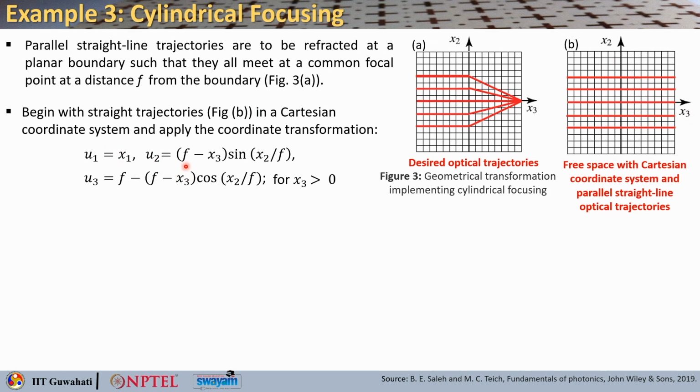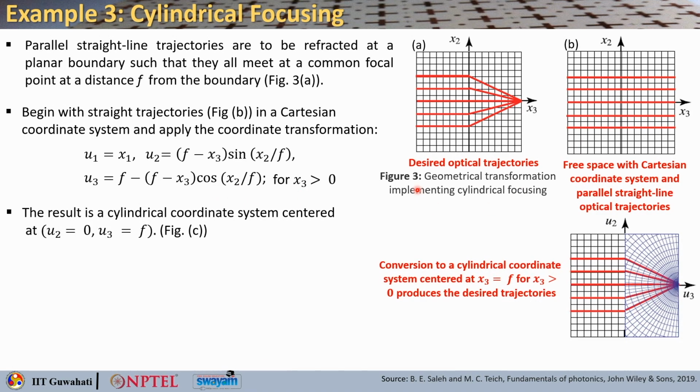So, you can write u2 equals f minus x3 times sine of x2 by f, where f is the focal length, and u3 will also be equal to f minus x3 times cos of x2 by f, and that is for the positive x3s. Once you implement this, you will see that you are getting a kind of cylindrical coordinate system centered at u2 equals 0 and u3 equals f.